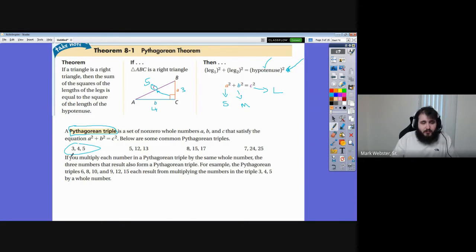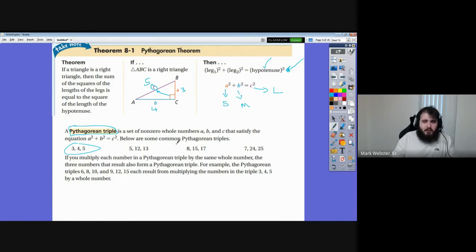So if 3, 4, 5 works, well, if I multiply everything by 2, 6, 8, 10, that still is going to be a right triangle. 9, 12, 15, 12, 16, 20, 30, 40, 50, 300, 400, 500, right?